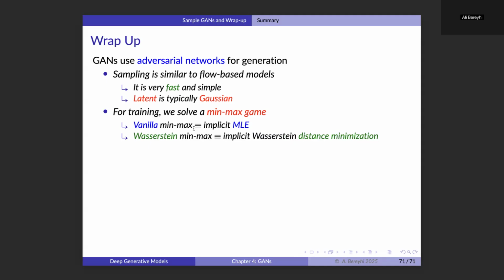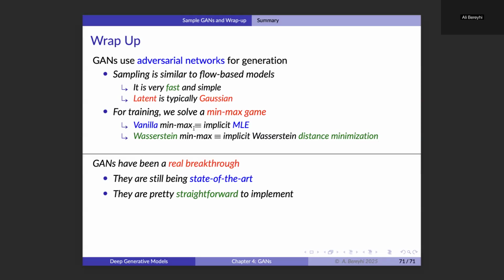Now, as I said, GANs are really a breakthrough in generative AI. It's one of the first architectures which gave us the confidence that we can really generate visual scenes very effectively. And the good thing about them in practice is that they are still the state of the art. And one of the very good things about them is that you can implement them pretty straightforwardly. So many people, when they deal with a new generative problem, think, okay, diffusion models are now trending, maybe we should go directly for that.